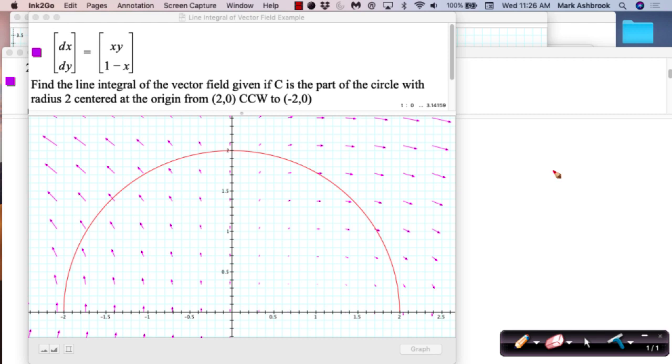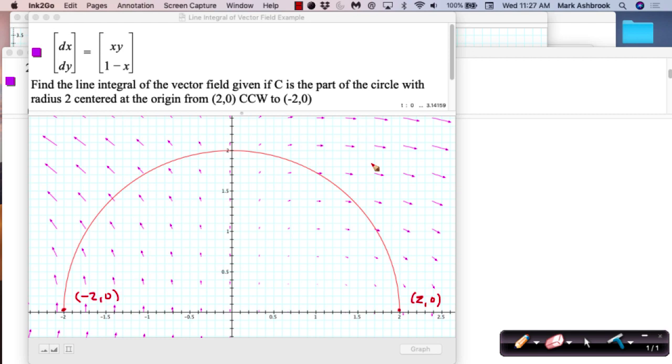So what about towards the beginning here? So we're going from 2, 0 to negative 2, 0. In this first part, is it strong or weak, positive, negative, or 0? Weak negative. Small vectors, but definitely opposing travel, right?